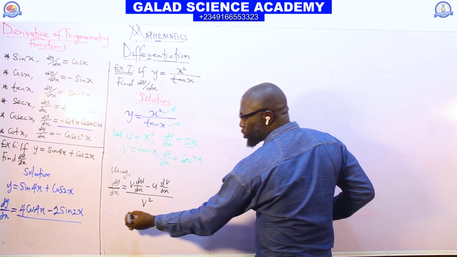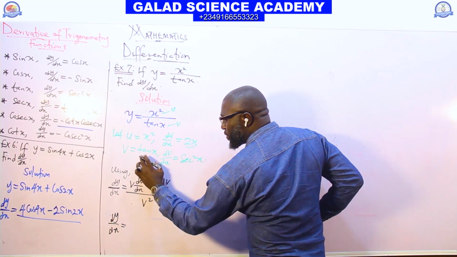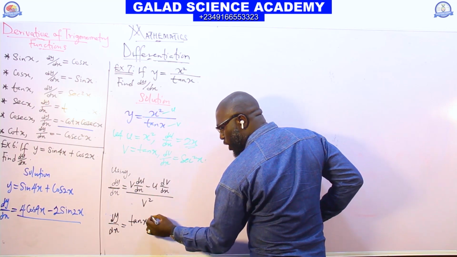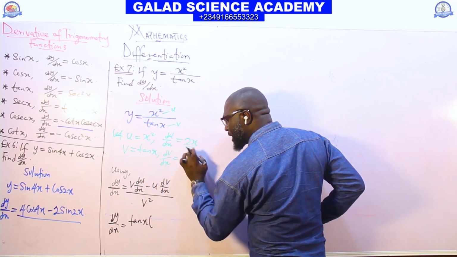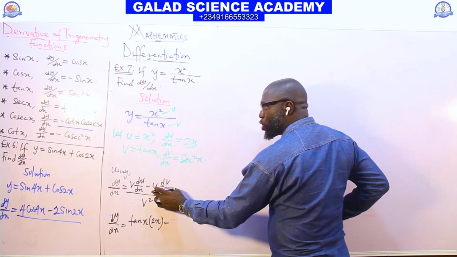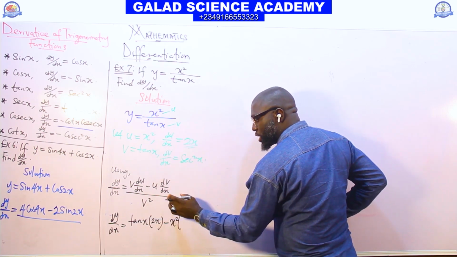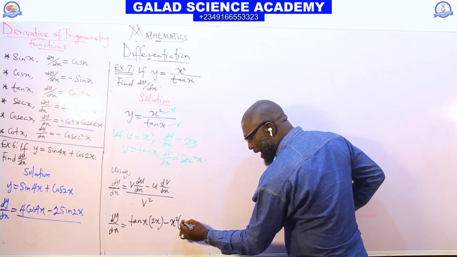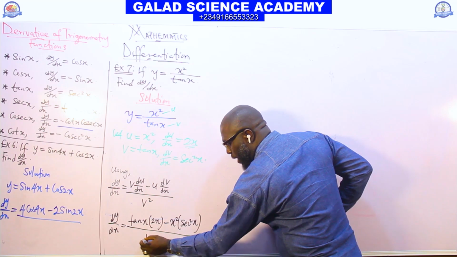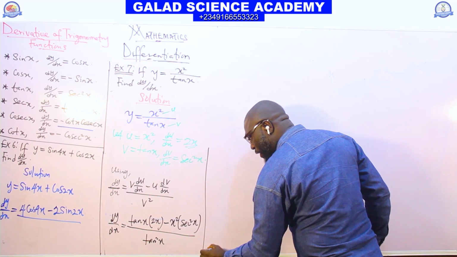By applying this rule, v is tan x, du/dx is 2x, minus u, which is x squared, times dv/dx, which is sec squared x, everything over v squared, tan squared x. You can solve this further.